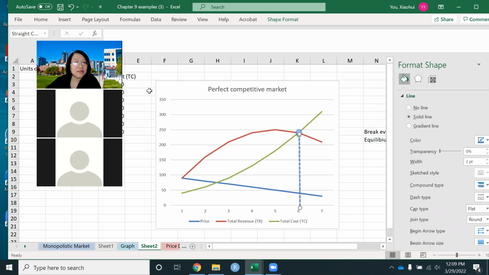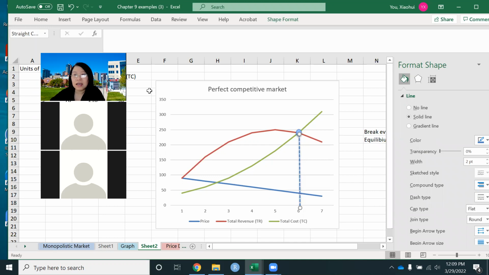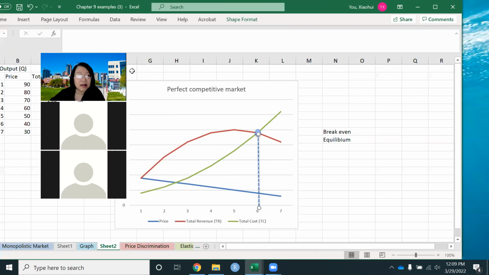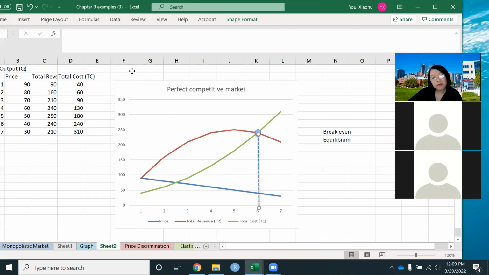See, this way you will know this is not a solid line. If we do the perpendicular line, it's about 6 or maybe 6.1, right? So this is the quantity. Okay, so what's the price? This perpendicular line intersected the price at here.